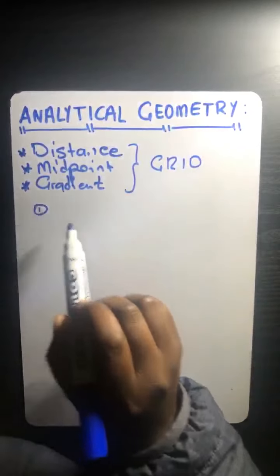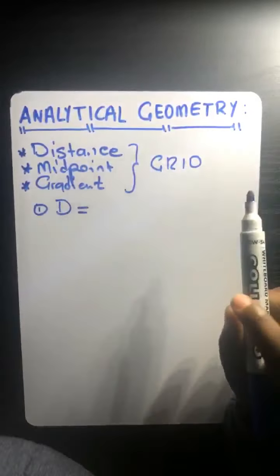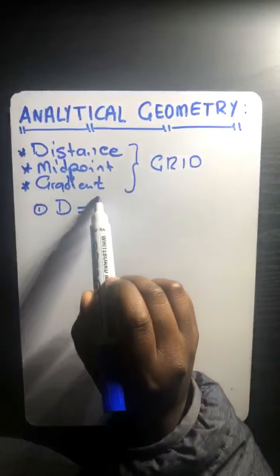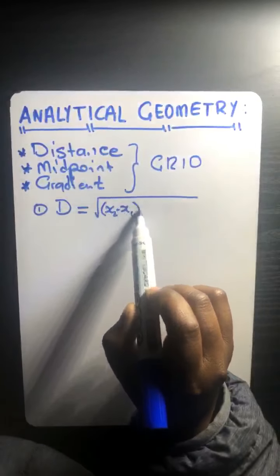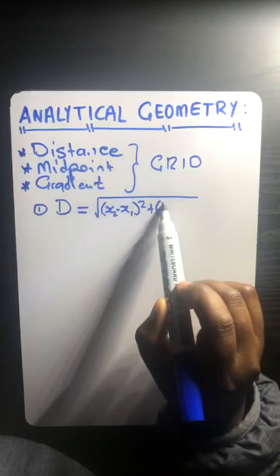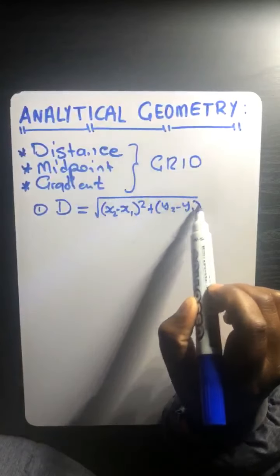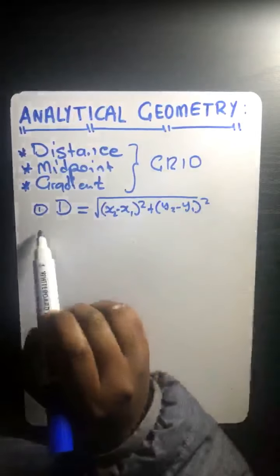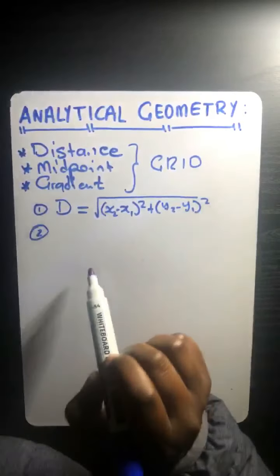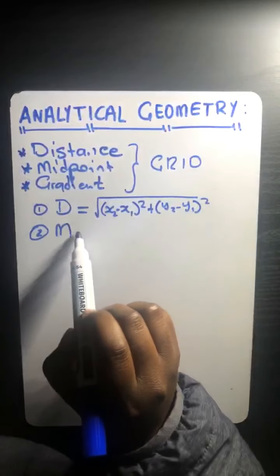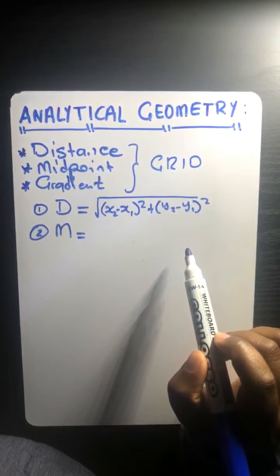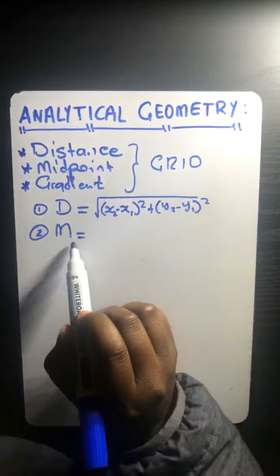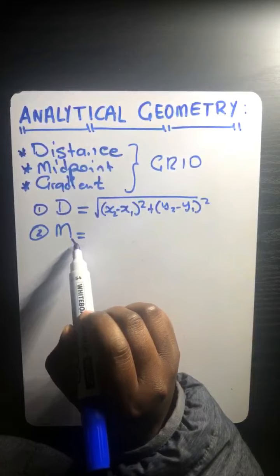Number one, the distance formula. We know very well that the distance formula is equal to the square root of (x2 minus x1) squared plus (y2 minus y1) squared. Let me also talk about the midpoint formula. The midpoint formula has an x and a y value.